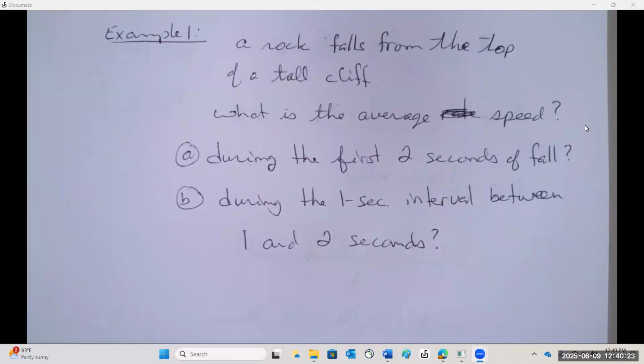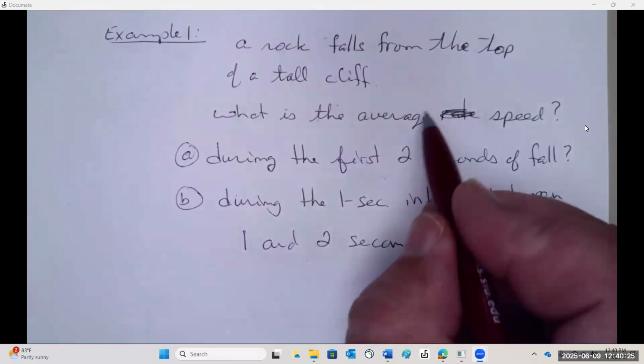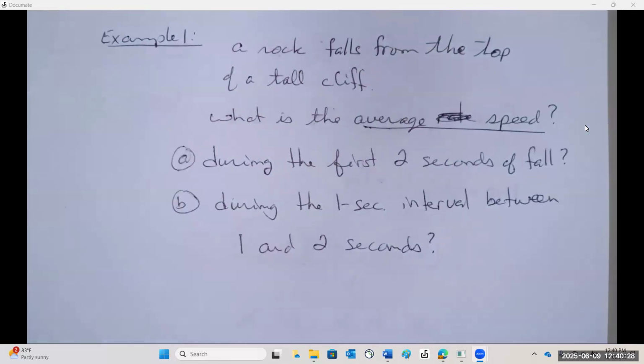So, was the question telling us what? Average speed. So, what formula are we going to use there? The difference quotient is also a slope. The original one, right?